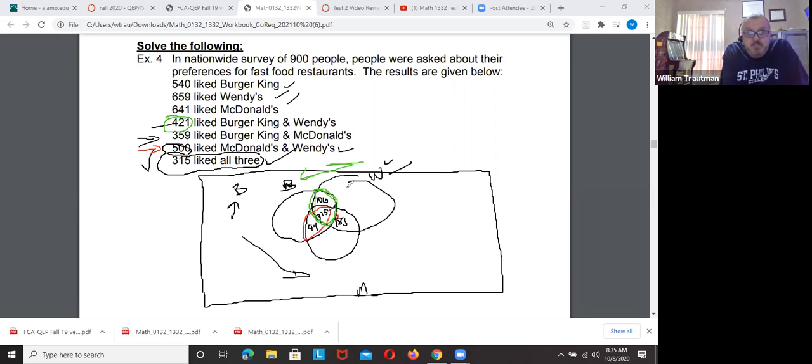Now we just have to do Burger King, Wendy's, and McDonald's alone. In Burger King, there's 540. I already have 3 numbers in there in Burger King, except I can't read them. I don't know what I wrote down anymore. I'm sorry. Anybody know what that number is? It's Burger King and Wendy's.